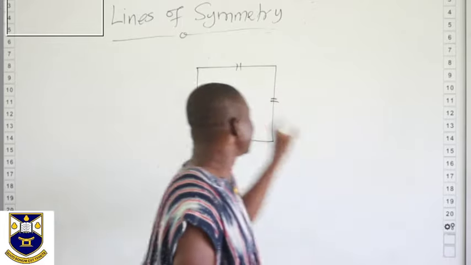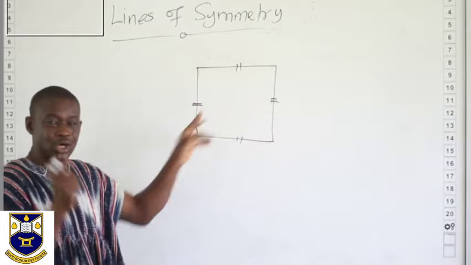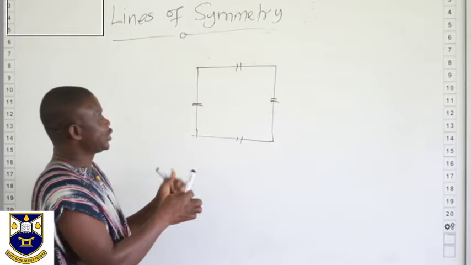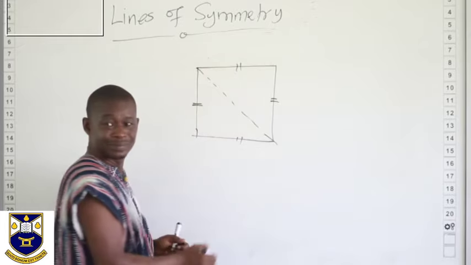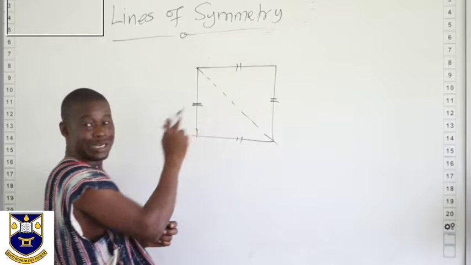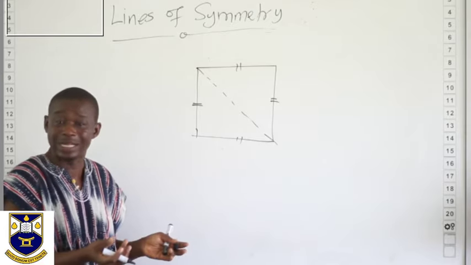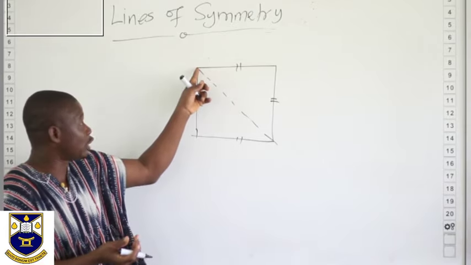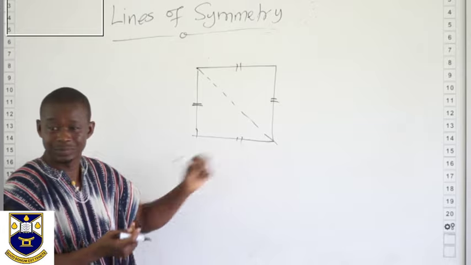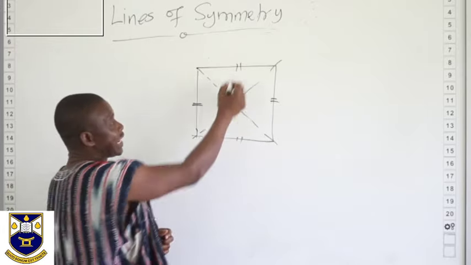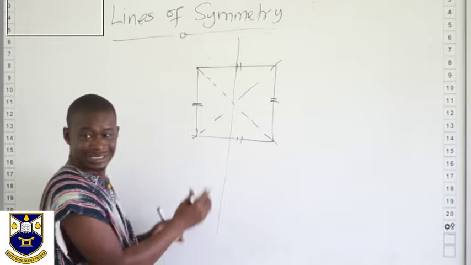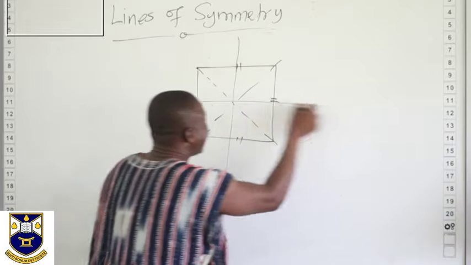Now let's take this square. As we saw in the triangle, in this square I can draw my imaginary line here. This half would definitely be identical, once I draw it from the diagonal to the other diagonal. I can also have this one here, making 2. I can also have it like this, making 3, and then I can have it like this.